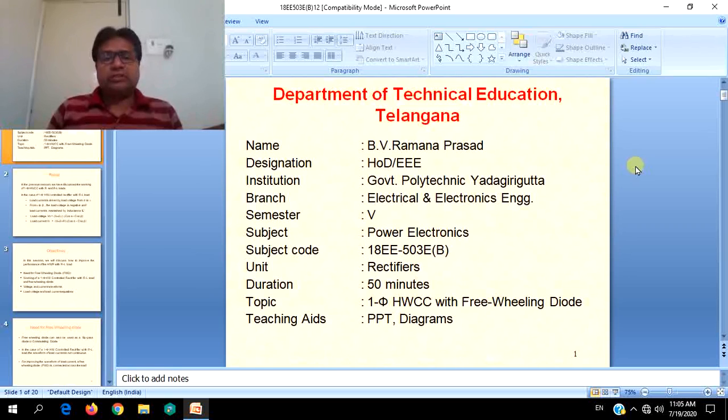We discussed thoroughly the triggering of the SCR, flow of current through the load, and the voltage applied across the SCR, how it varies along with the supply voltage when the SCR conducts. We have gone through those waveforms.